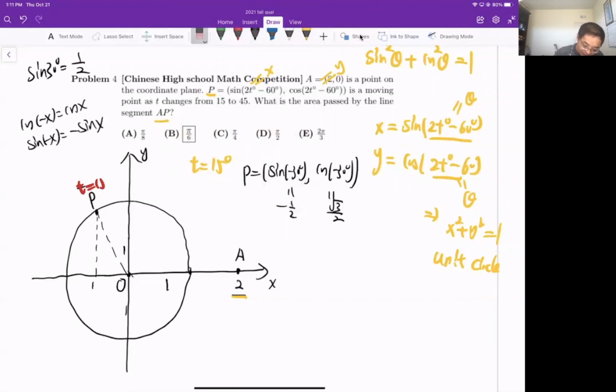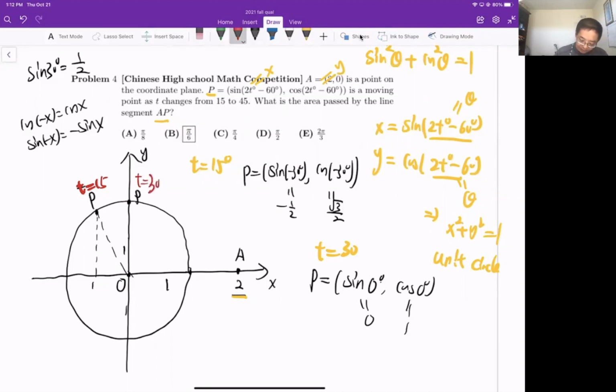Now let's look at when t is 30. Then P equals sine 0 and cosine 0. Sine 0 is 0 and cosine 0 is 1. So this is P when t equals 30.